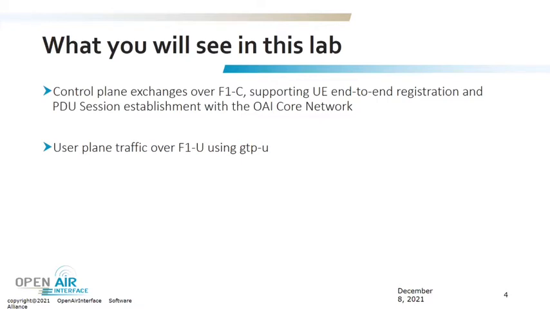More specifically, we're going to see the control plane exchanges over the F1C interface between the CU and DU, which will support the UE end-to-end registration and PDU session establishment with the OAI core network, as well as the user plane traffic exchange over the F1U interface using the GTP-U protocol.